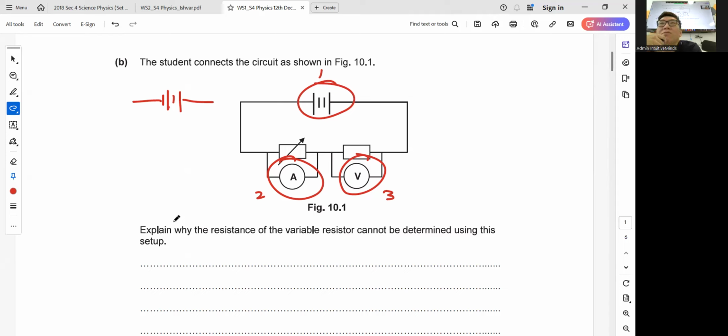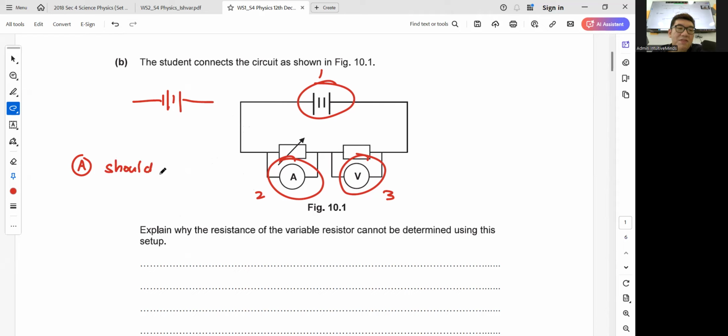What's the issue with number 2? Circle number 2. It measures the total current through the whole circuit. Complete the sentence for me. Ammeter should be connected in. Exactly.